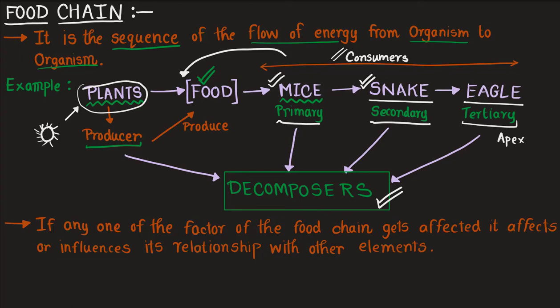If a mouse dies naturally without being eaten by a snake, it also goes to the decomposers. They decompose everything and make nutrients out of it. This is important: decomposers decompose the organisms and make nutrients out of them.